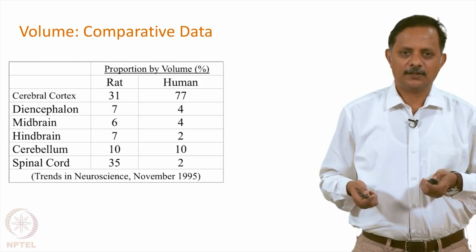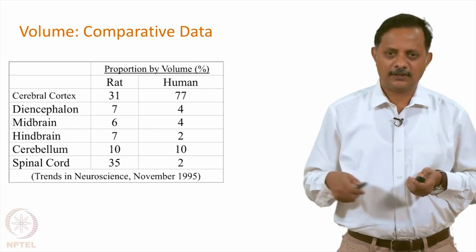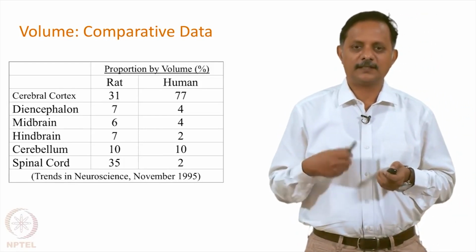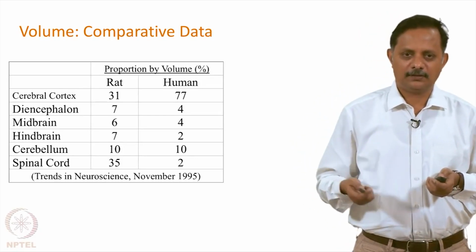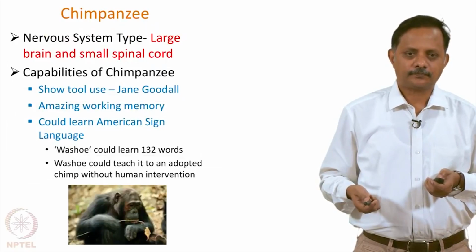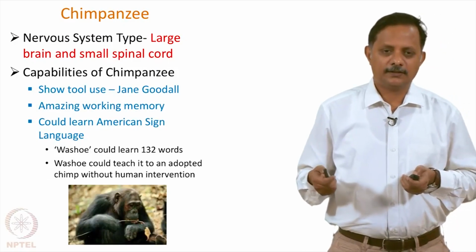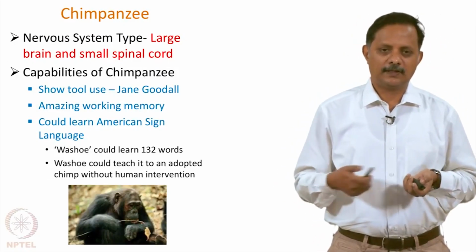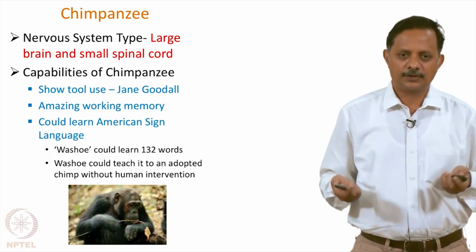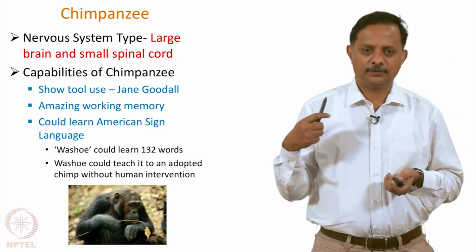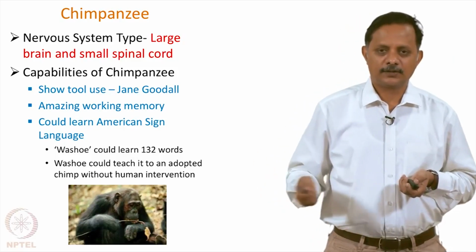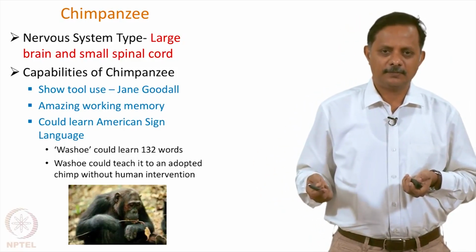So, chimpanzee has also a brain spinal cord, but now the brain volume starts increasing, right, compared to its lower mammalian cousins. So, capabilities, chimpanzees show tool use, and in fact this was discovered almost half a century ago by Jane Goodall, right, who travelled from Europe to Africa to study the behavior of chimpanzees.